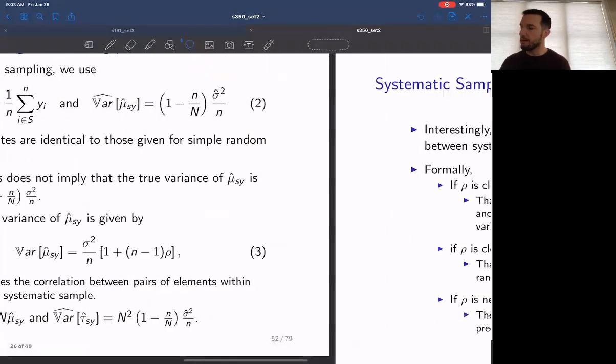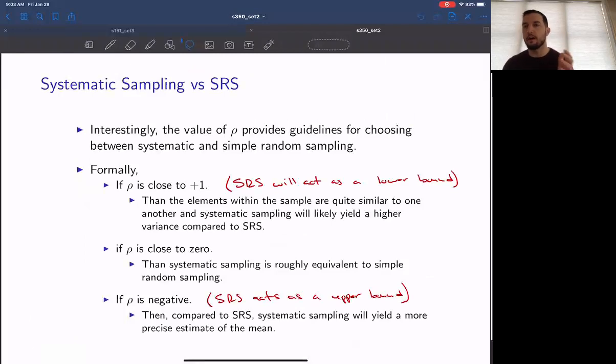When we compare the estimator for the variance of the mean from simple random sampling to the estimator of the variance of the mean for systematic sampling, we can expect the two estimators to return similar results when rho is close to 0.